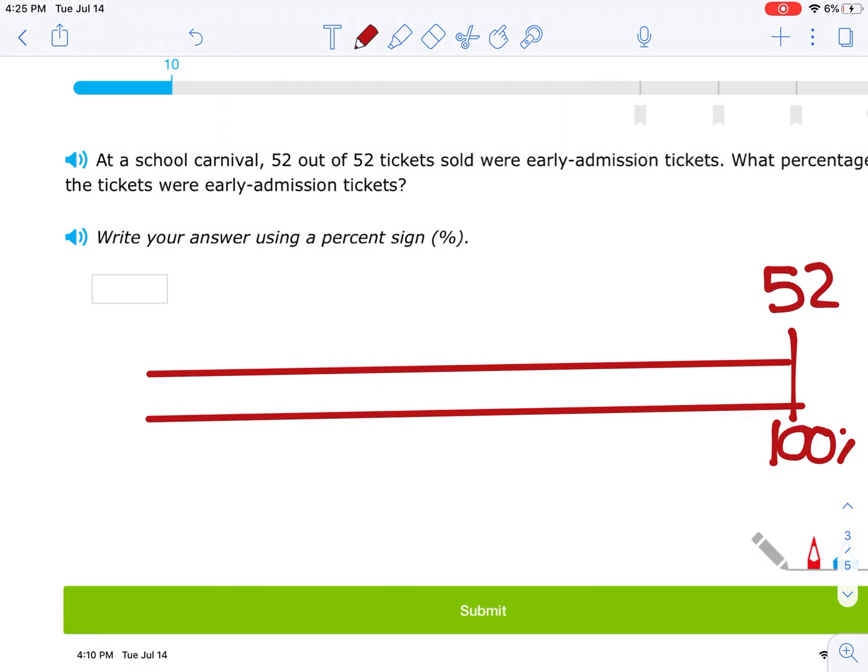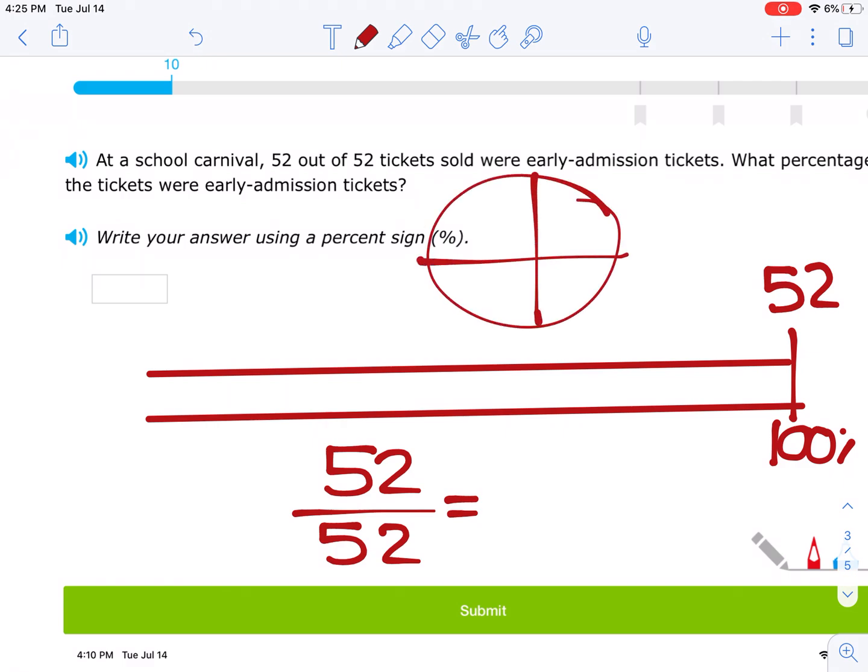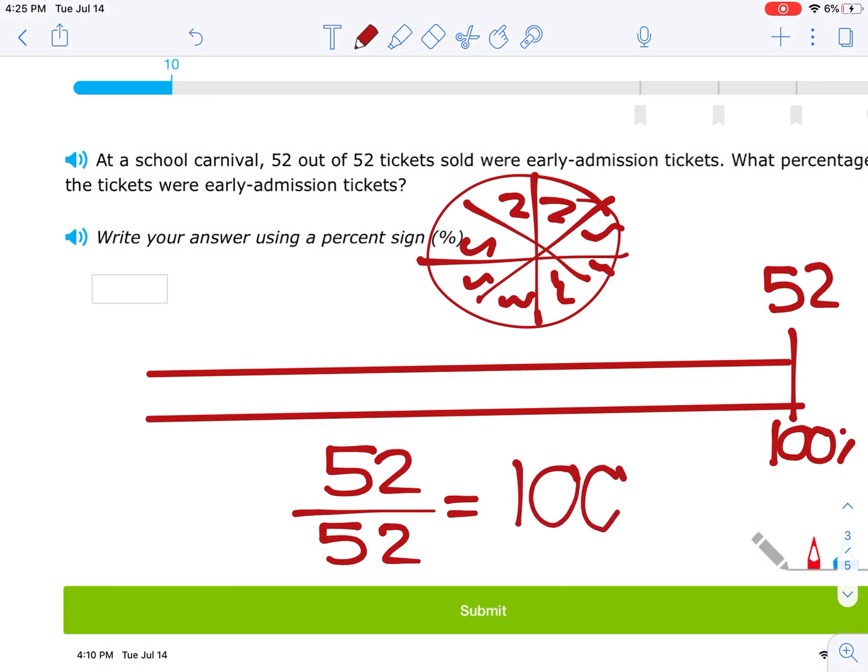We want to know 52 out of 52 is what percent? Well, that's just like our pie problem. If you eat all the pie, you've eaten 100% of the pie. If all the tickets were sold out, then 100% of the tickets are sold out. So 52 out of 52 represents 100%. You don't have to do any work there.